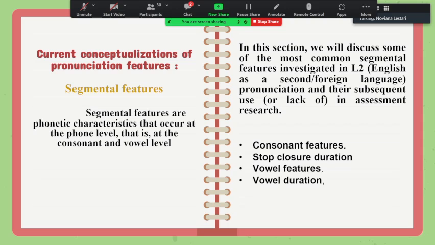Current conceptualization of pronunciation features. The first is segmental features. Segmental features are phonetic characteristics that occur at the phone level, that is, at the consonant or vowel level. Researchers identified the sounds already found in a speaker's first language and compared them to the sounds he would acquire in the target language.